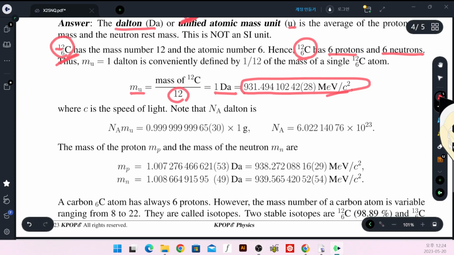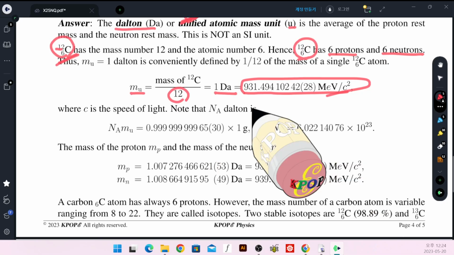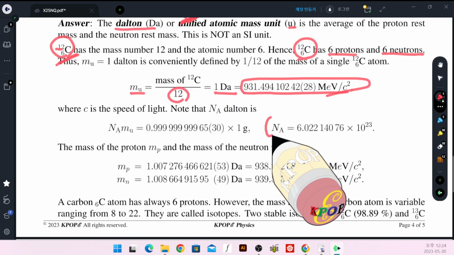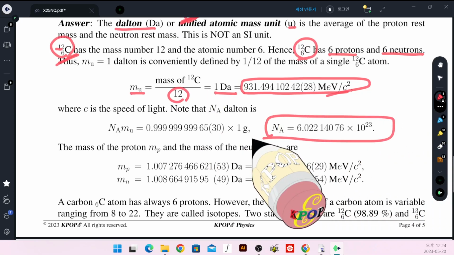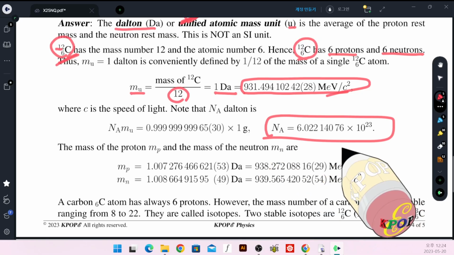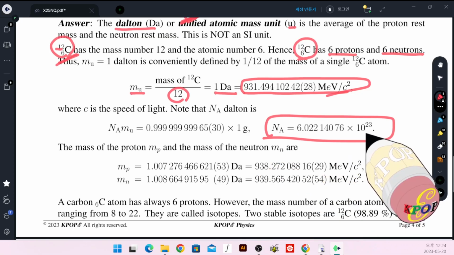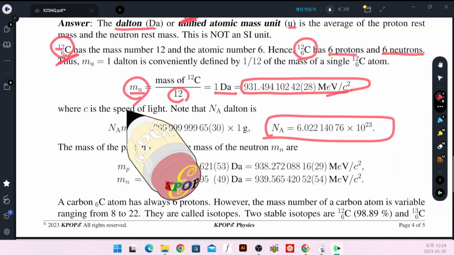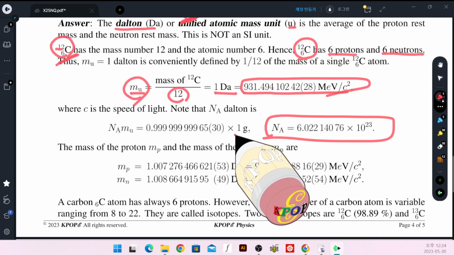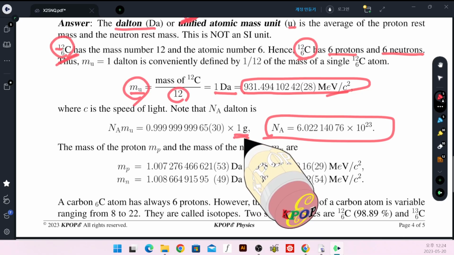It is practically useful to remember that if you multiply a very large number called Avogadro's number by this tiny number, the average mass of a single proton and a single neutron, it is almost the same as 1 gram.